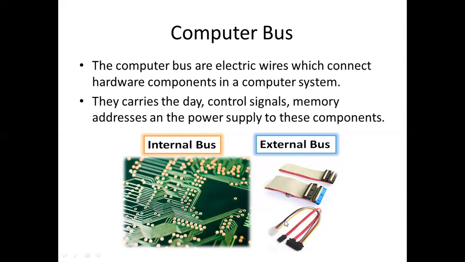When you find all these buses within the computer, and I'm sure when we were opening and assembling and reassembling the components in the computer, you saw this on the motherboard, and you also saw all these cables connected, either coming from the power supply to the hard drives, or the buses coming from the power supply to the motherboard itself. So these are the two common buses that we have.